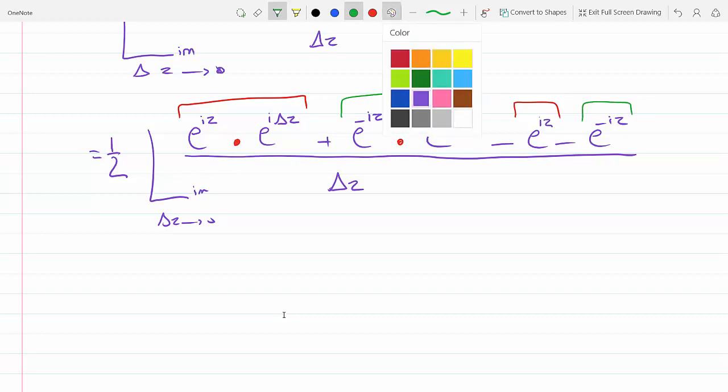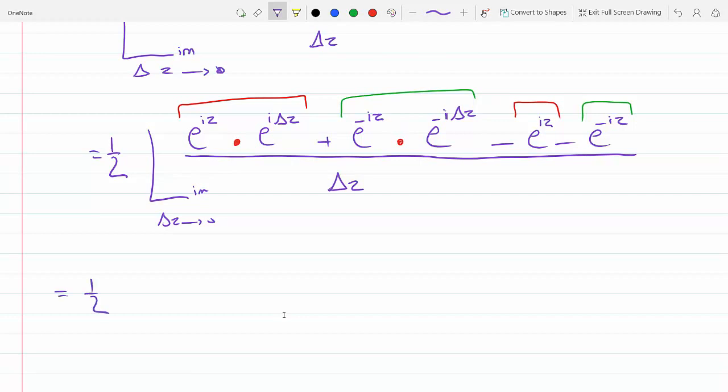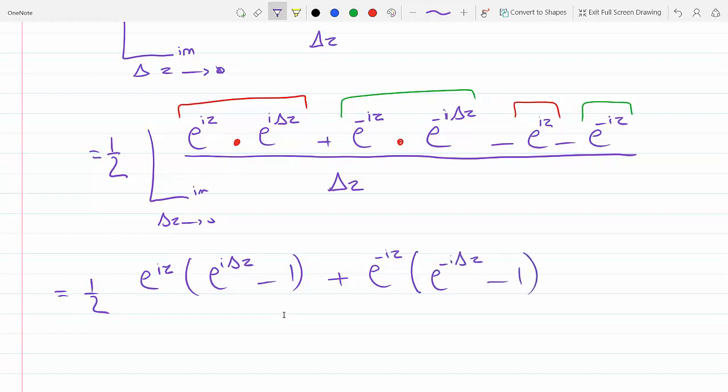From the ones with iz I will factor out e to the iz, so we have half e to the iz into e to the I delta z minus 1. Okay, and then I'll factor e to the minus iz from the second one, so I will have left e to the minus I delta z minus 1, all over delta z, and then we'll take the limit as delta z goes to 0.